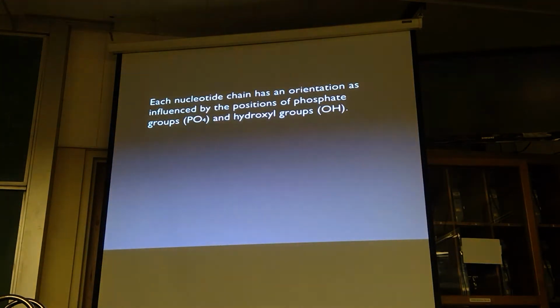Now, the other thing we learned about those nucleotide chains is that in the DNA molecule you have 2 nucleotide chains, and they're oriented upside down relative to one another. So we said they're oriented upside down relative to their 5' and 3' ends. The end of the chain that has the phosphate group is the 5' end. The end that has the hydroxyl group is the 3' end.